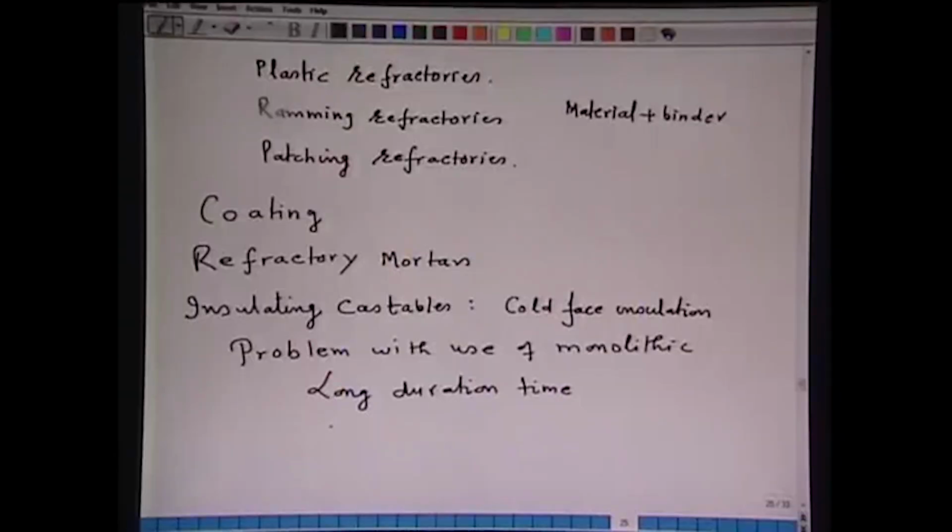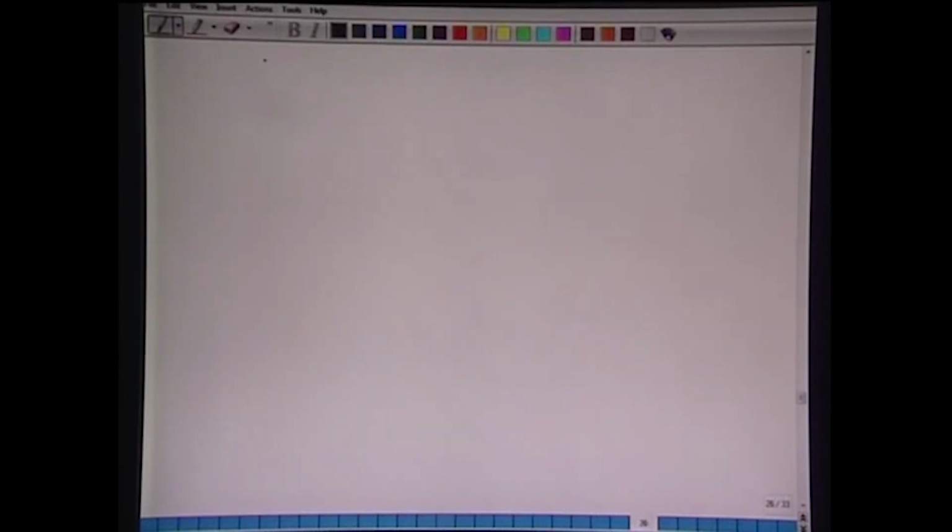So, this water, it will have a sort of steam explosion. That means a large amount of steam will be evolved. So, these two problems require a steam explosion free drying technique.